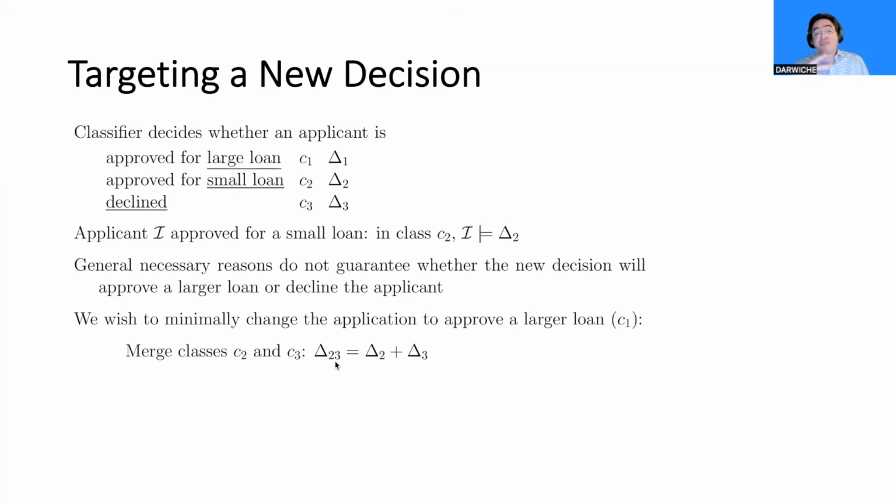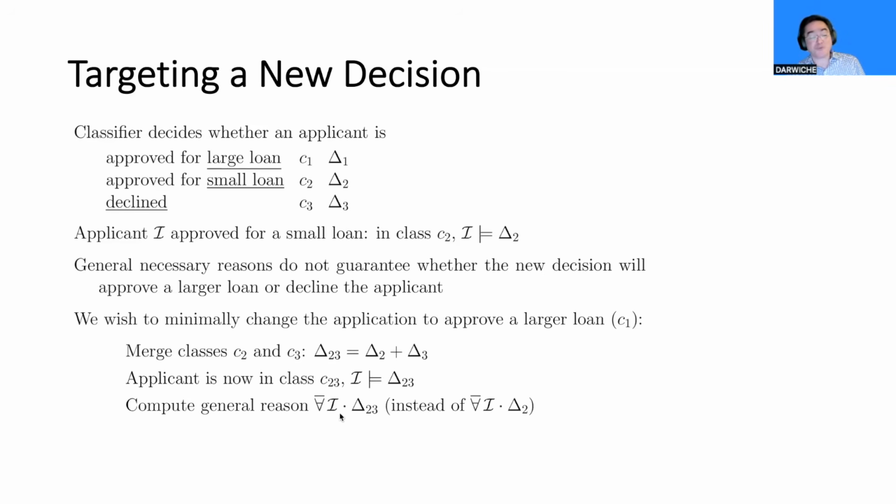So now I can think of having a binary classifier, where the instance is either approved for a large loan or the complement, decline or small loan. And in this case now, my applicant belongs to this new class, all right? And now if I go ahead and undermine this decision, then I'm guaranteed that the new decision will be the large loan.